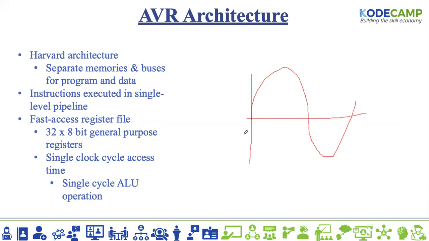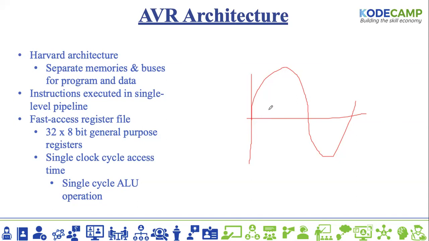Not like the von Neumann that uses both cycles, the first one to fetch, then the second cycle to push. But for this one, one cycle is enough for it to do whatever it wants to do, because all the memories are running simultaneously.